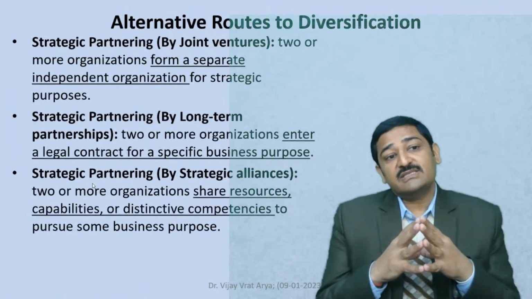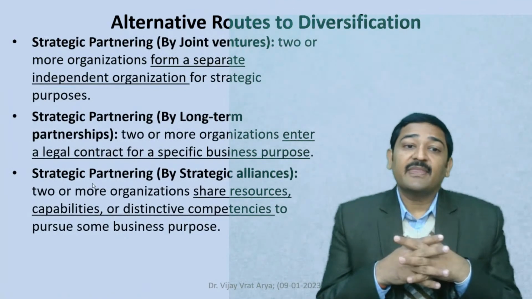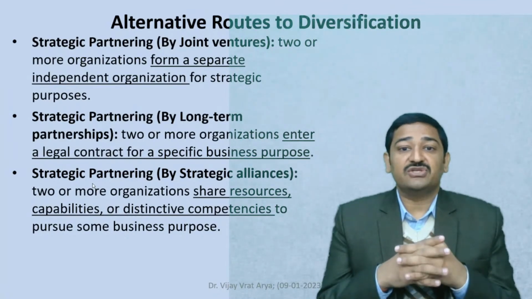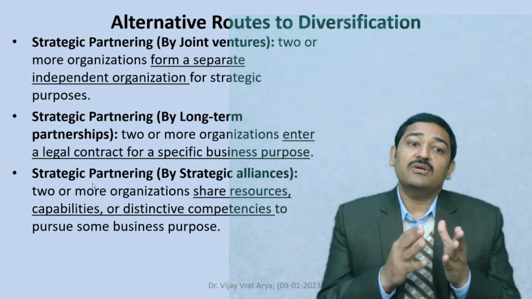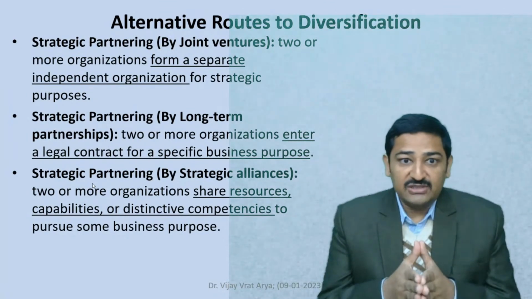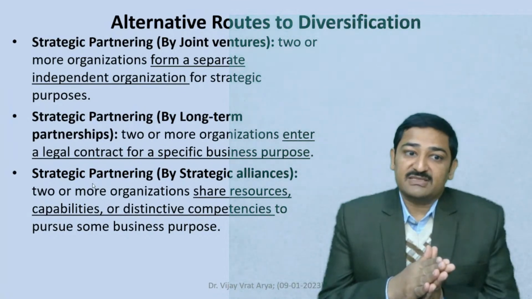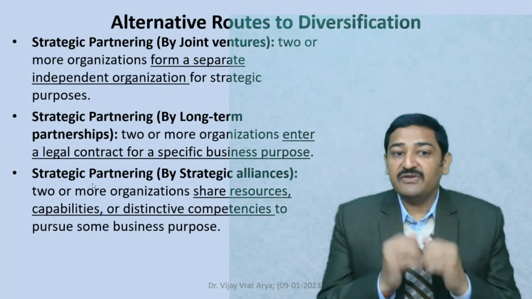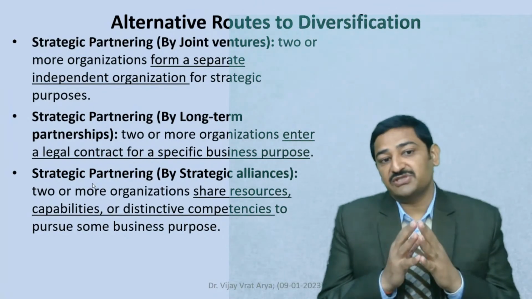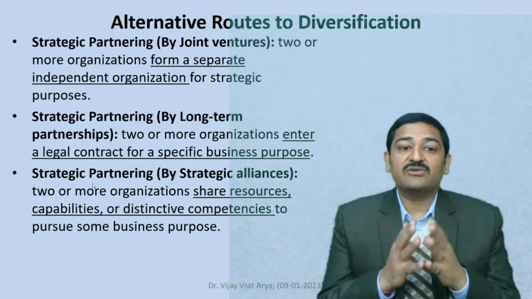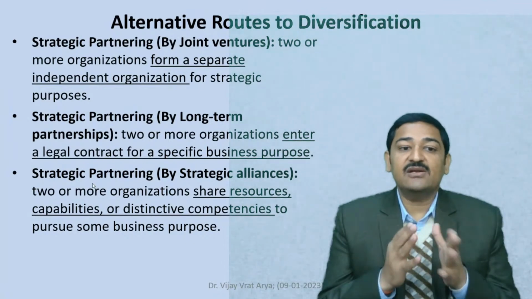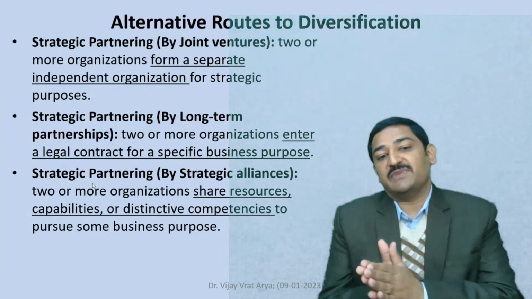So the first is strategic partnering by way of joint venture. In the case of joint venture, two or more firms form a separate independent organization for strategic purposes. But when we talk about the long-term partnership from the point of view of strategic partnering, in that particular case, two or more organizations enter a legal contract for a specific business purpose.